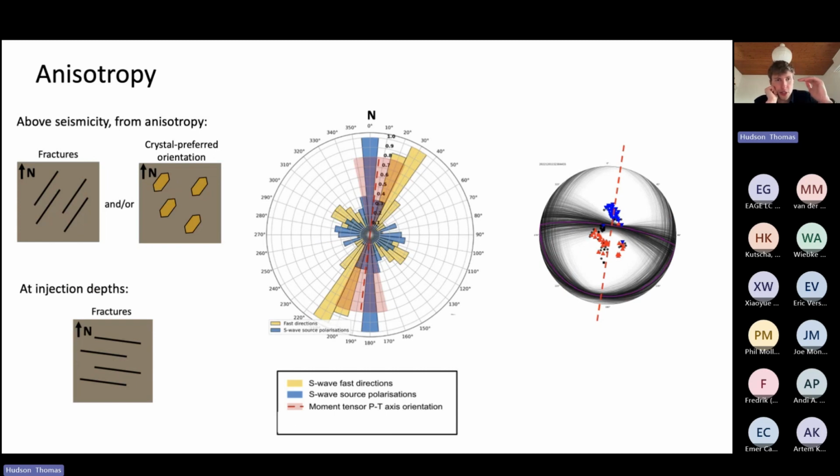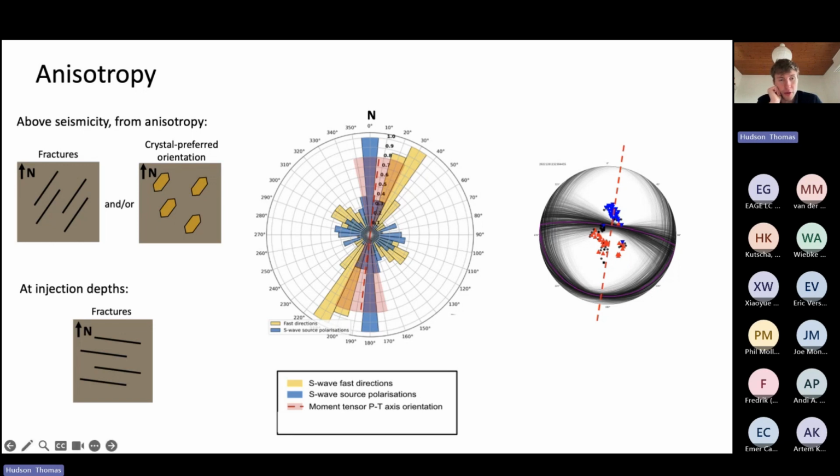This allows us to measure a proxy for the stress state above the injection region. Everything I've shown you so far is at the injection site, and what we see there, just to remind you, is fractures oriented roughly east-west. But above that, the anisotropy suggests we actually have fractures oriented at about 30 degrees from north.